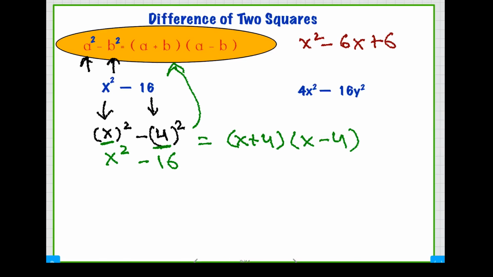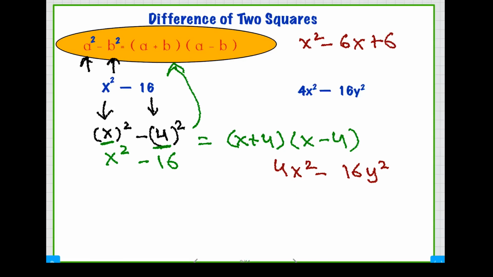Again, please listen to this question very carefully. Let's do the next question, 4x squared minus 16y squared. The first thing we need to look at is whether in between the two squares there is a negative sign or not. We cannot apply this formula if there is a positive or a plus sign between these two terms.